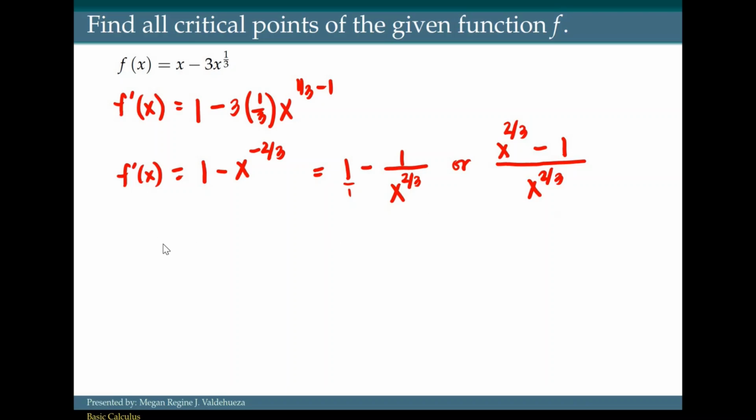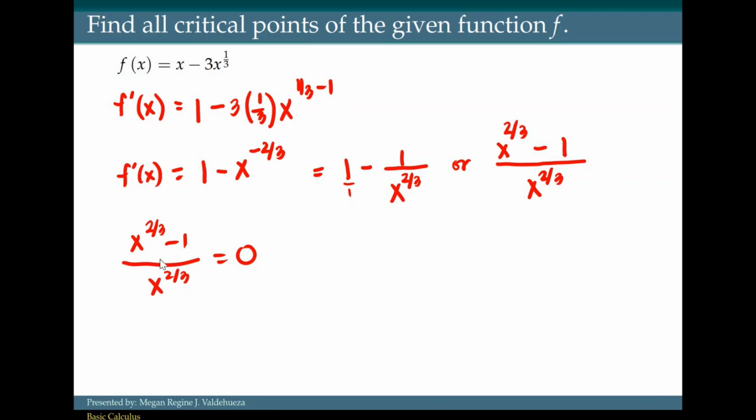So next step from here, this is the easiest expression to use when we will equate this to 0. So x to the power of 2/3 minus 1 divided by x to the power of 2/3, equate that to 0.